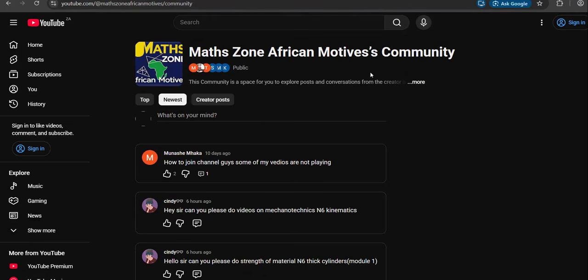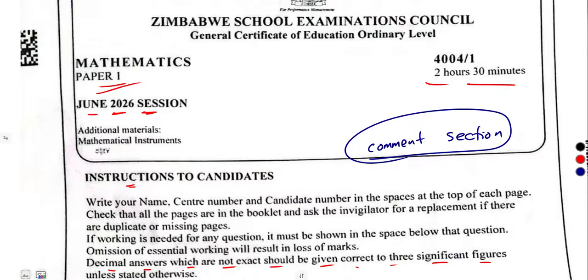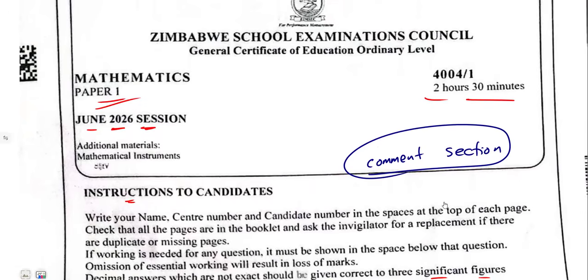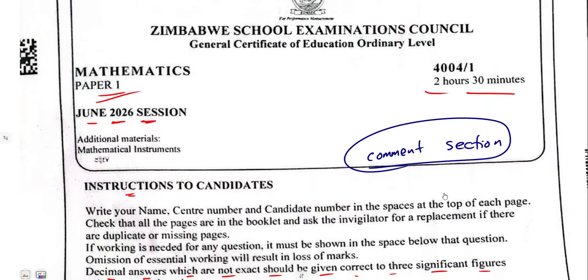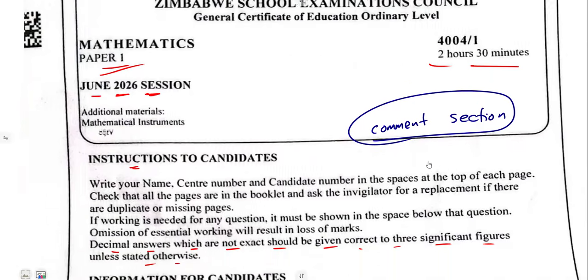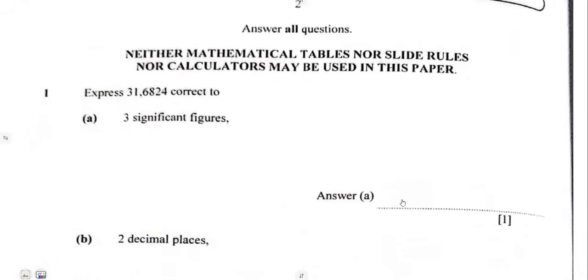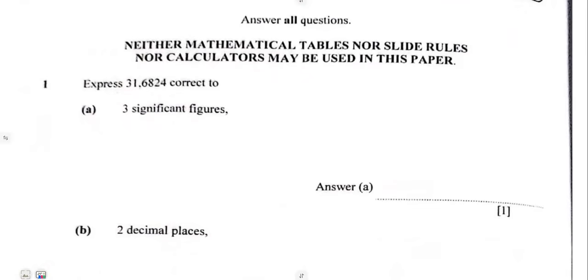So let us go through the question paper that we are going to revise. As I said, we have got our paper 1, and on this paper you had the questions, the first part. Remember here, no calculators. We are not allowed to use calculators for our paper 1. So answer all questions.